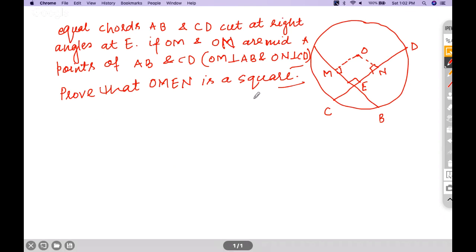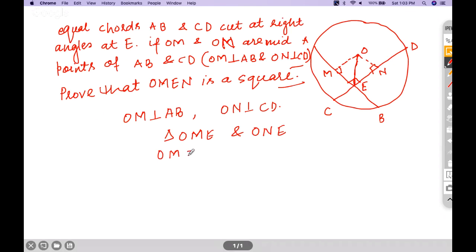Now try to understand. You join this OE. Dhruti, just wait for this question. I'm just finishing it. So OM is perpendicular to AB because M is the midpoint, and ON is perpendicular to CD. So in this particular triangle, let me take triangle OME and triangle ONE.